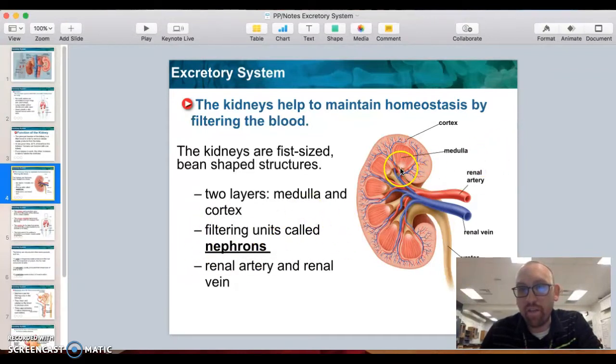You can see in here that it kind of looks like a tree. See how you have this artery come in? A basic idea of how the kidney works is the blood comes in through what's called your renal artery. It's going to put the blood into this spongy material, and as it goes through there, all the contaminants, using concentration gradients, are going to be absorbed or pulled out of the blood, and then the clean blood will go back to the heart through the renal vein.